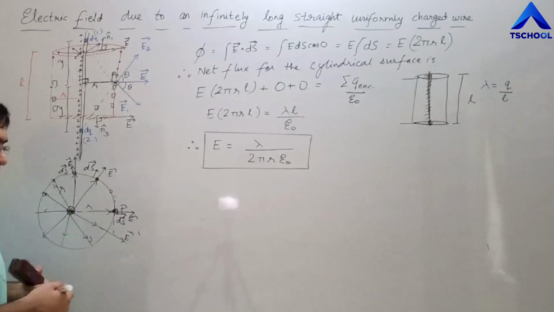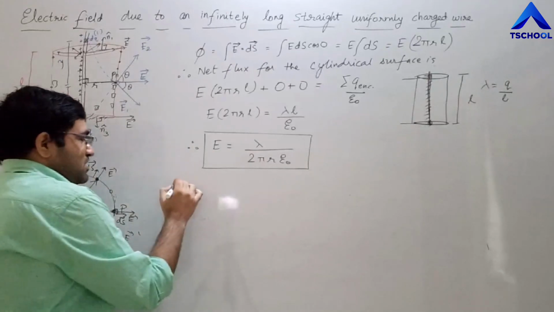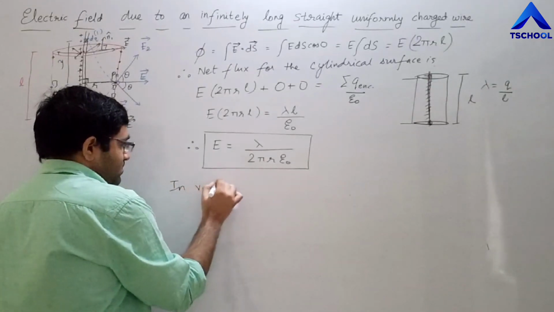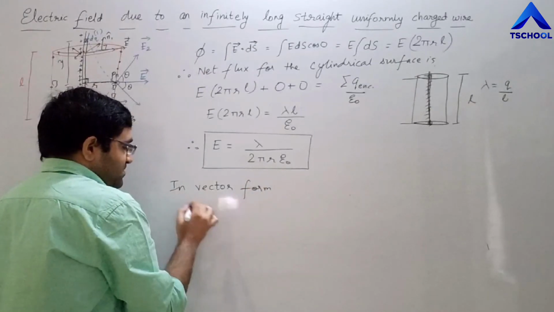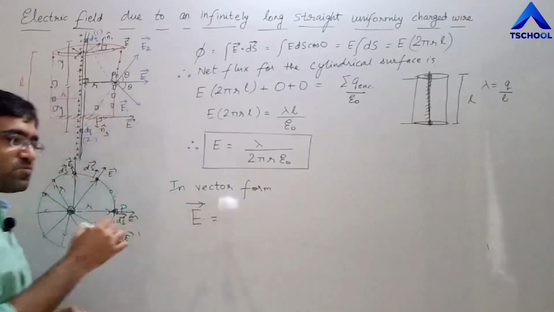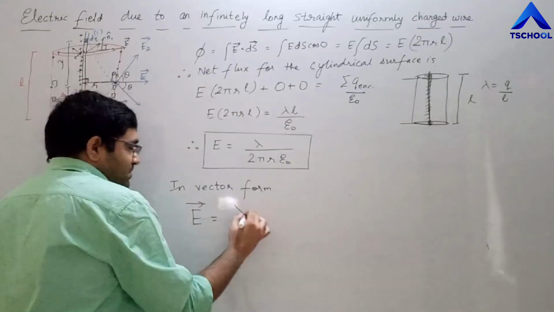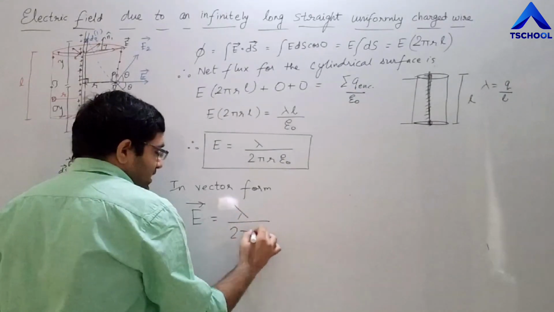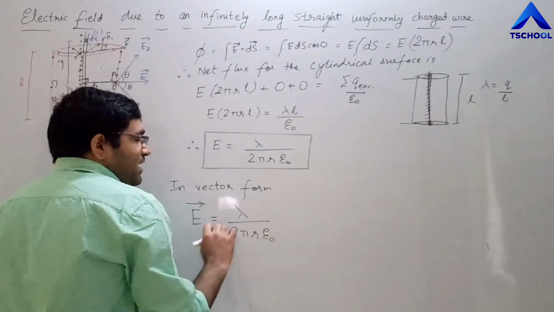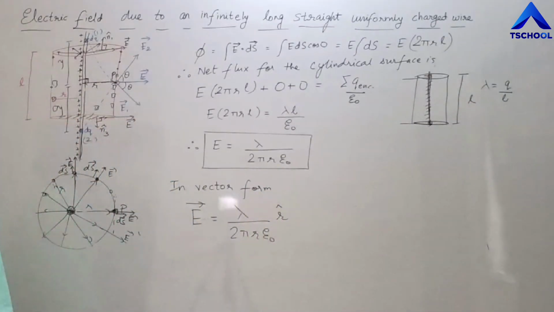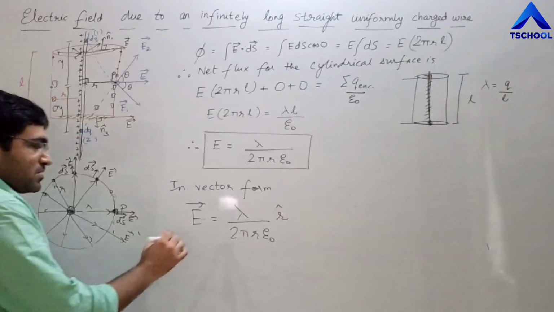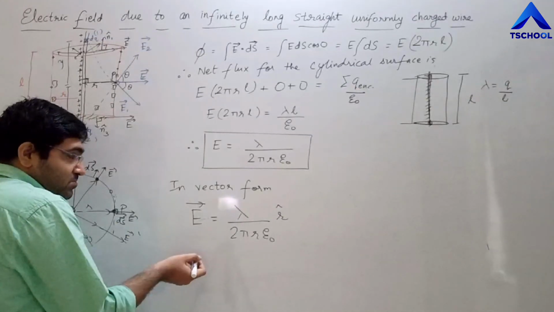So in vector form, we can write the electric field vector due to this long straight uniformly charged wire as lambda upon 2 pi r epsilon 0, and in what direction? In the radially outwards direction. That's why r hat.